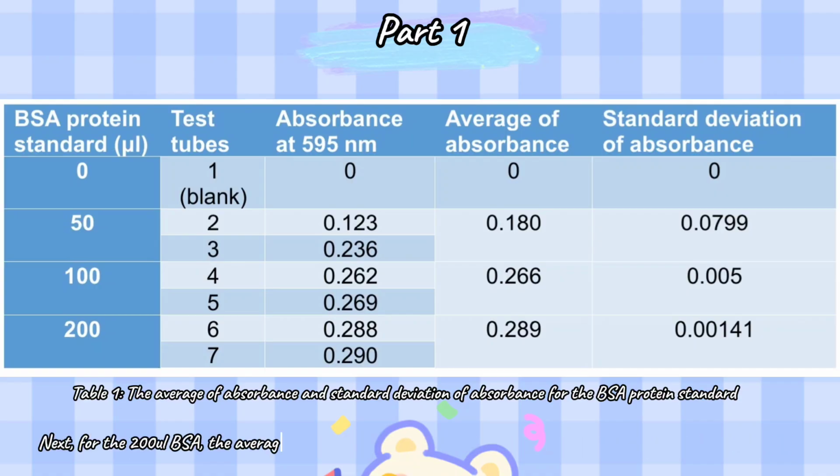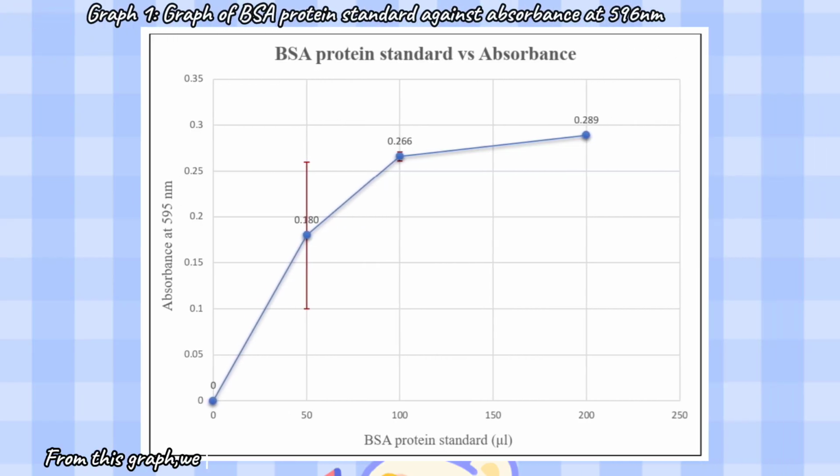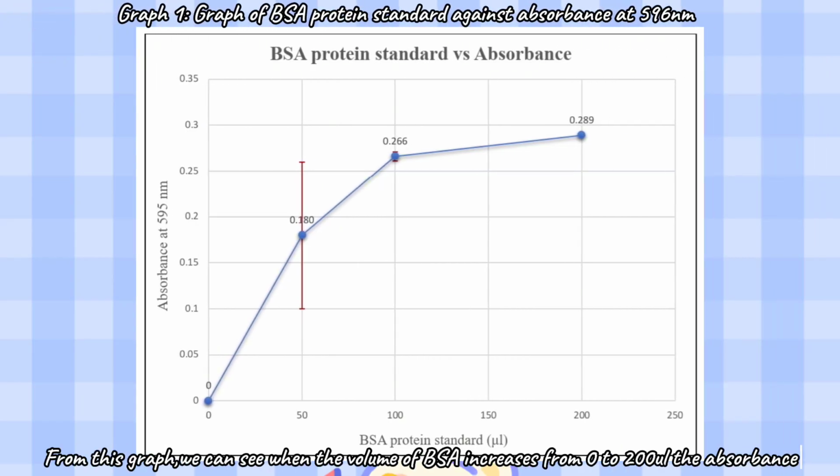Next, for the 200 microliter BSA, the average is 0.289 and the standard deviation is 0.00141, indicating excellent reproducibility.